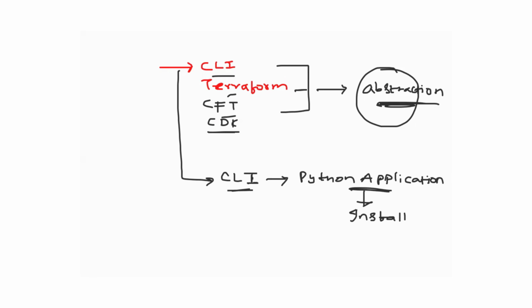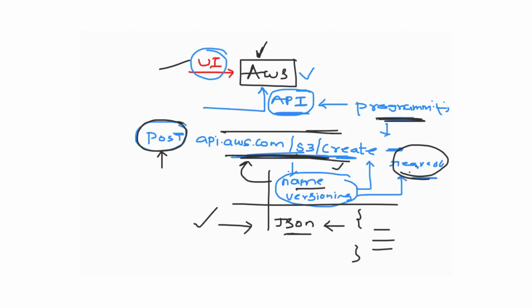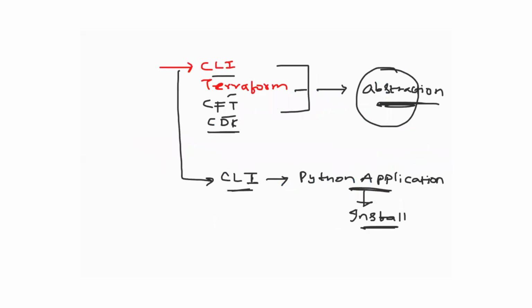For example, if we go back here, if we need to pass the name, versioning for creation of an S3 bucket, this thing says, hey, just install the program, call me using AWS. So you will just say AWS followed by the service that you want to create, let's say S3, and just provide the parameters.